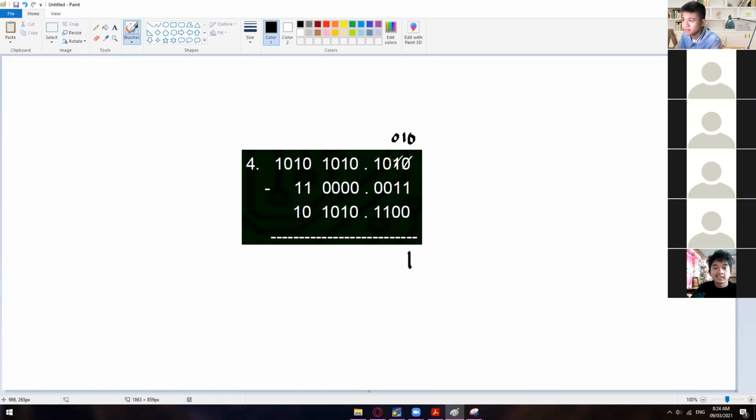But then again, the number right here that we're supposed to borrow from doesn't have anything, okay? So this guy should borrow from its neighbor for us to be able to borrow from him. So this 1 will become 0, and this 0 will become 10.